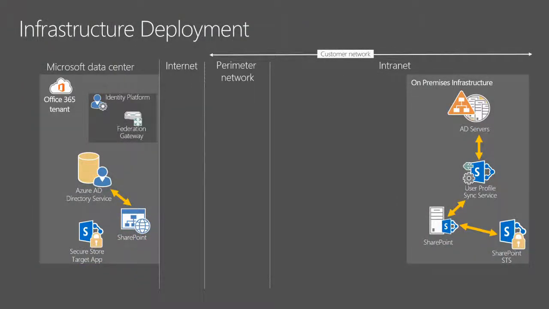So the key to this deployment is what I'm going to talk about in the next couple of minutes. What exists before any of the hybrid workloads come into the picture is exactly what I show you on the screen right now. You have Office 365, which you have subscribed to. You have your SharePoint on-premises.